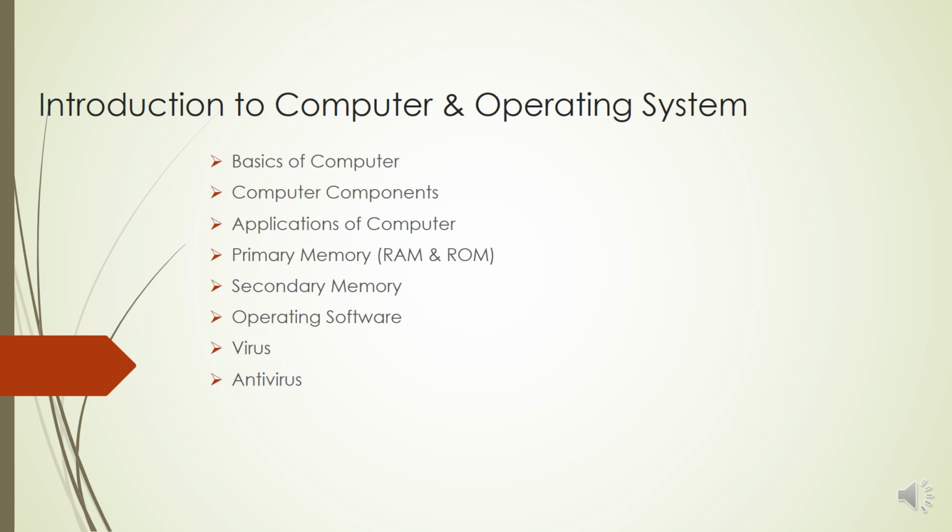The next is the communication sector. Nowadays, due to the corona period, we were used to studying online, in which we used a lot of computers. The next is also education. In communication, we use emails, etc. Education is where we take information from the computers. The next is marketing.